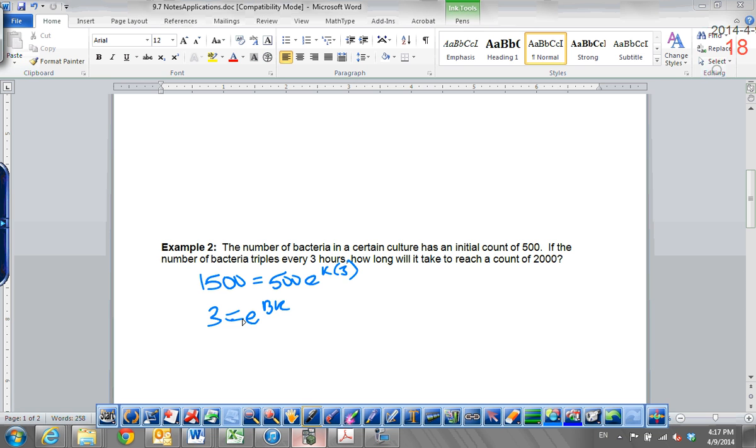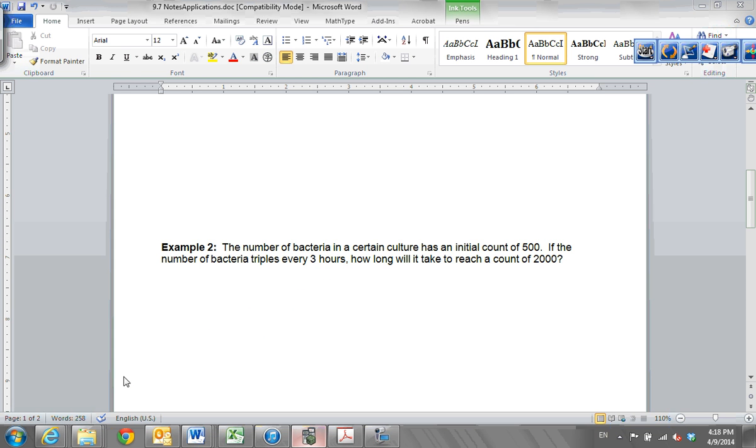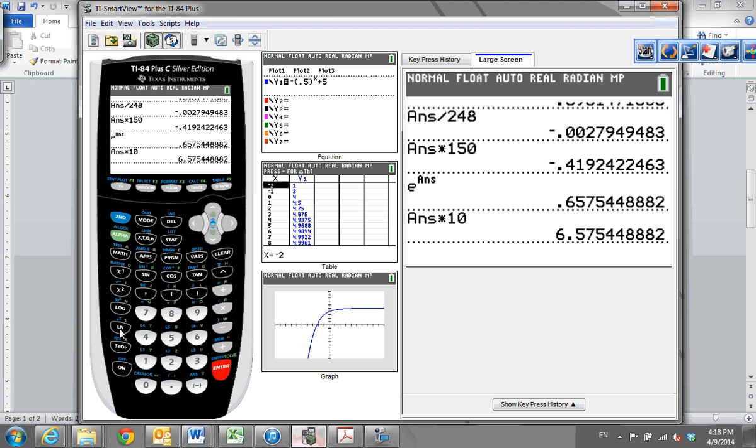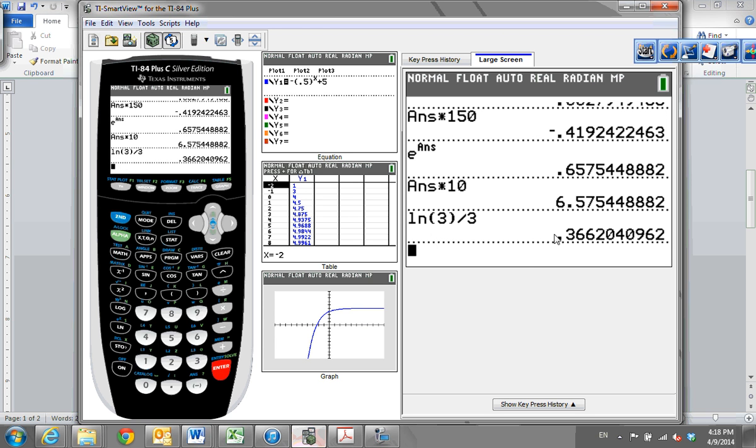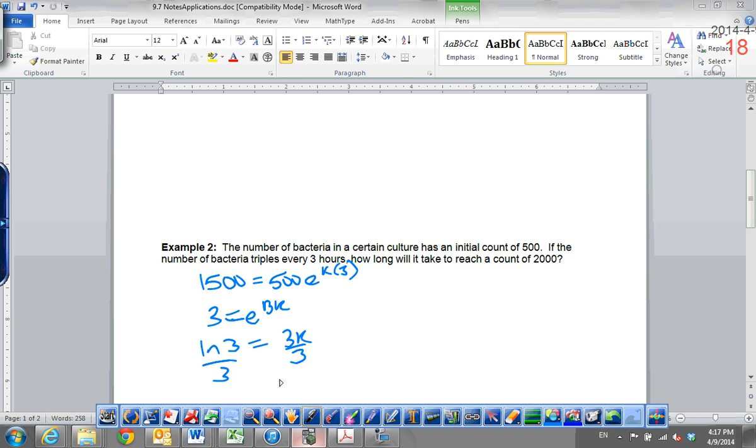Take the natural log of both sides. Natural log and e cancel out, so then I get k is natural log of 3 over 3. Once again, I would just leave this in our calculator. If you want to store it, that's cool, or just don't do any math after this. So 0.366, I still don't recommend rounding until the very end.